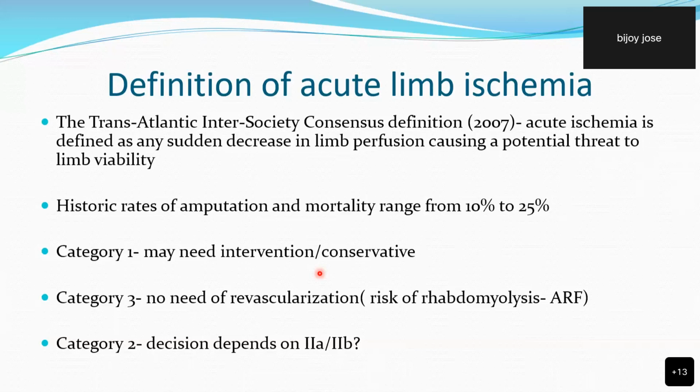And category 2 is the most important category, and there comes category 2A and category 2B. So the importance of making a decision mainly depends on the category 2 patients.